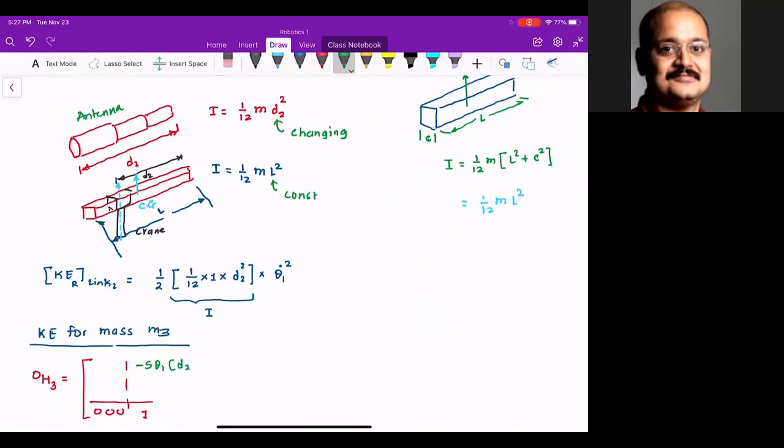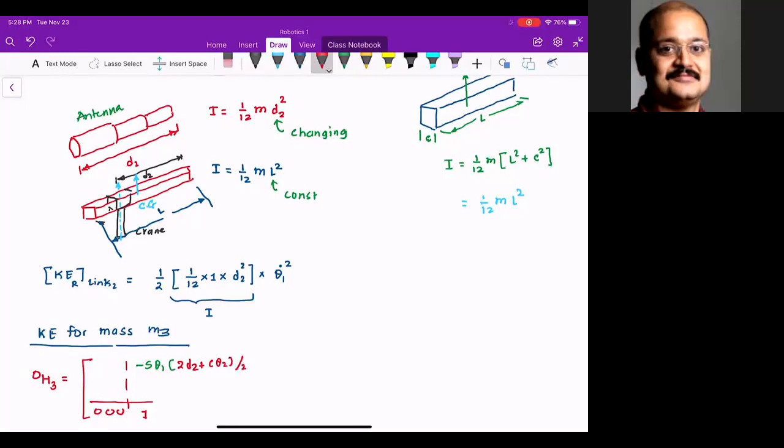D2, 2d2 plus cos theta 2, by 2, whole by 2. Okay, is this correct? That's not what I have.